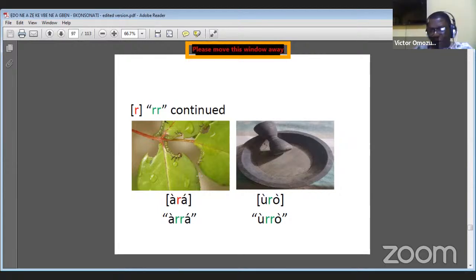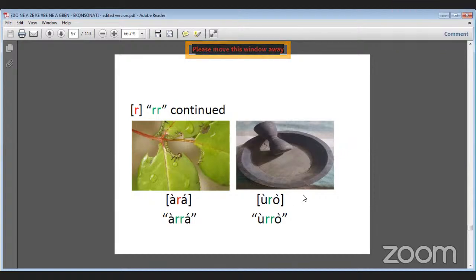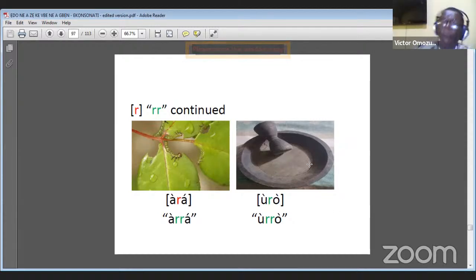You have it, Uro. Uro is different from Uro, which is door.